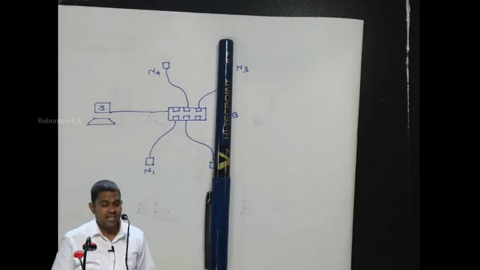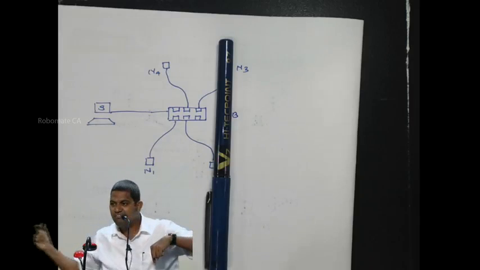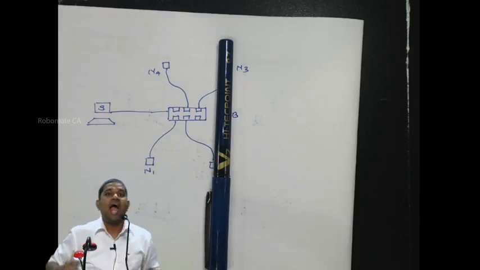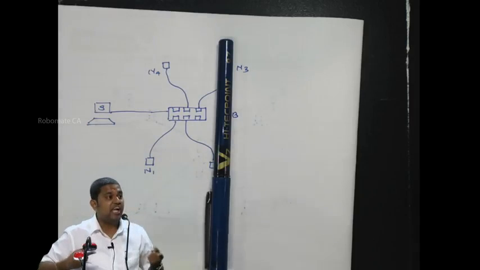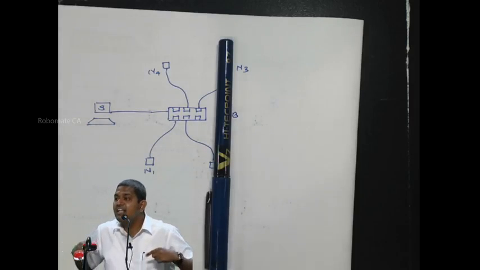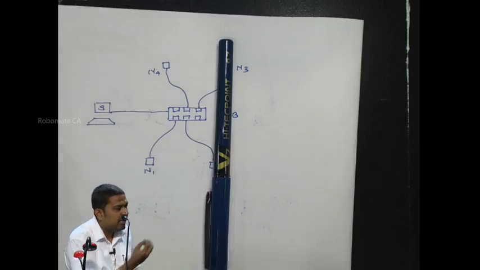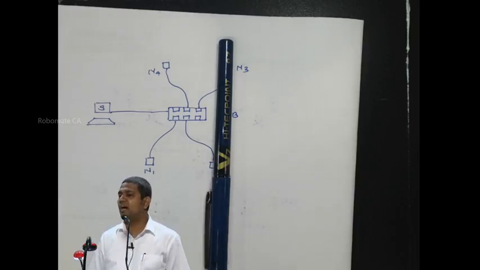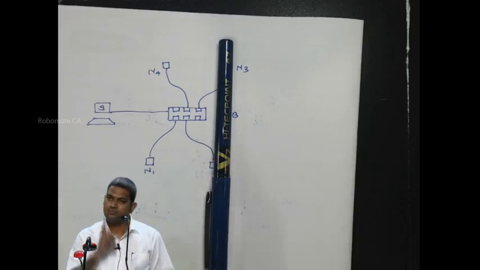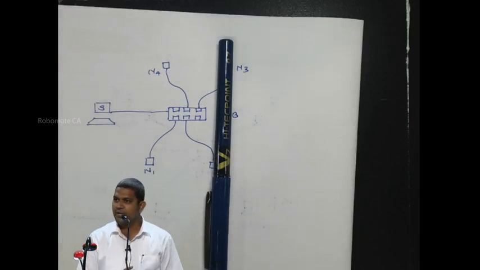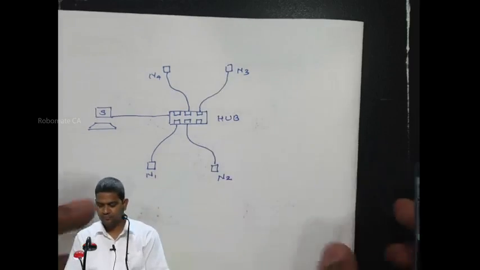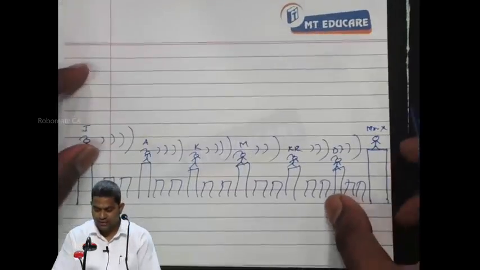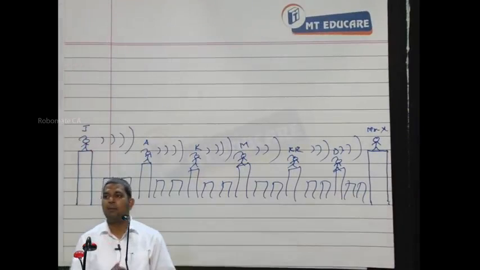But the difference is, after accepting and before sending, it will be amplifying, boosting, regenerating the data signal with the help of some electronic components. That's the next type of hub, called the active hub. Now we are moving to the next one, and that is called an intelligent hub.